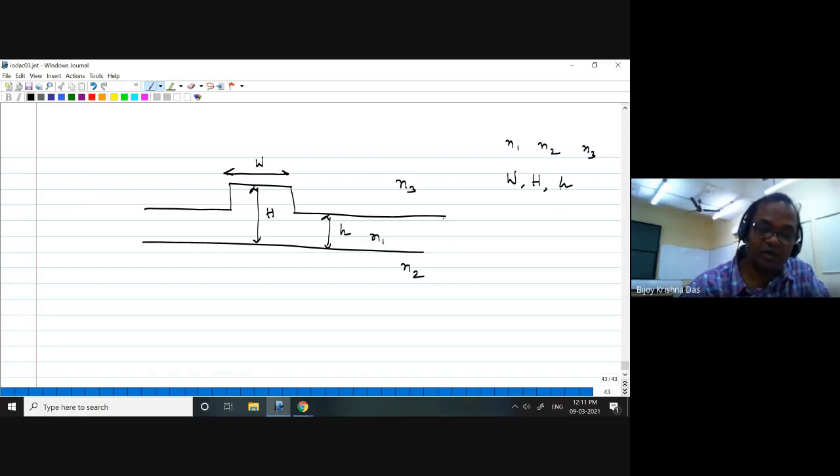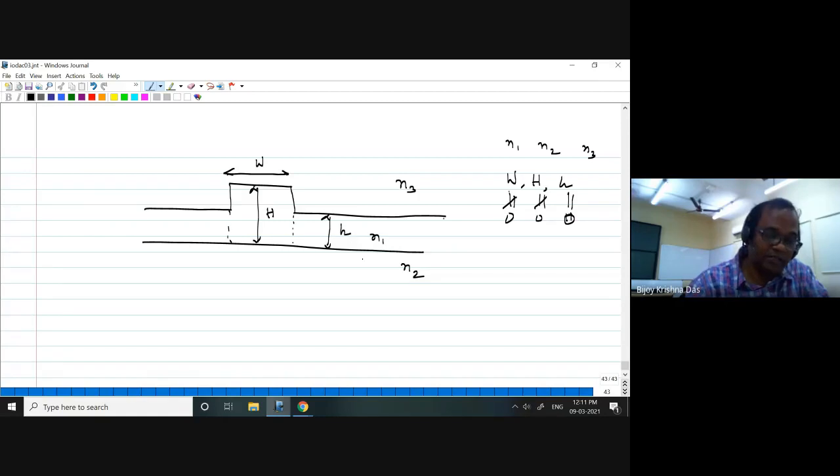Remember that W and H cannot be equal to 0, but small h can be equal to 0. Small h equal to 0 means you will get something like this type of structure. That can also be a waveguide, and that is also frequently used. But if needed, you can keep some slab thickness like this.